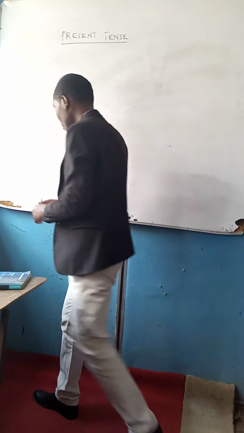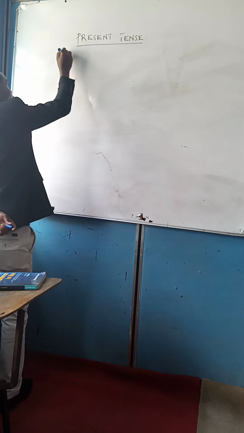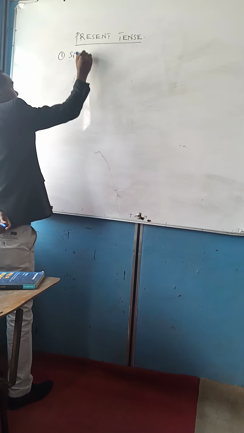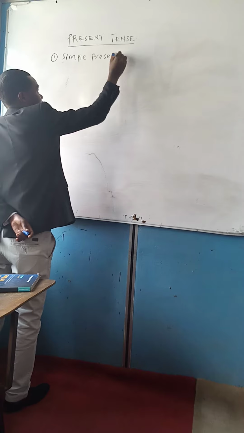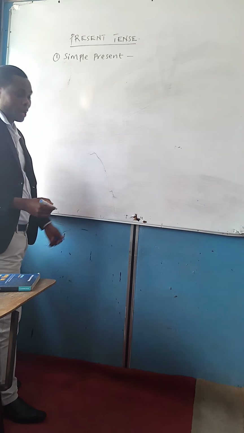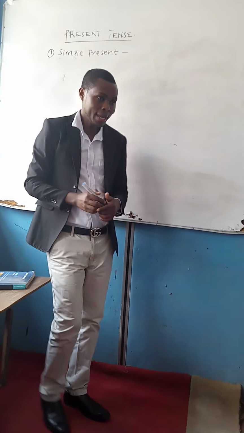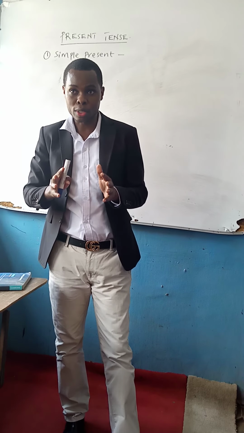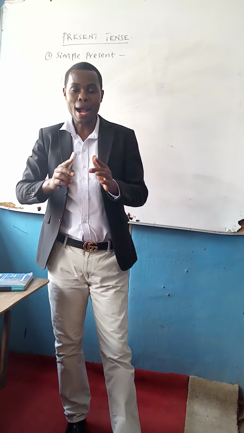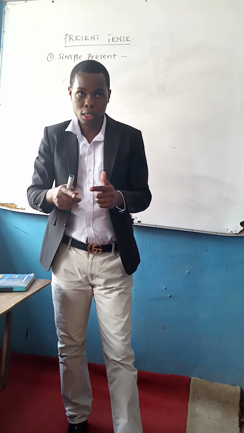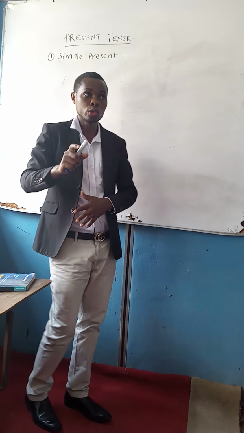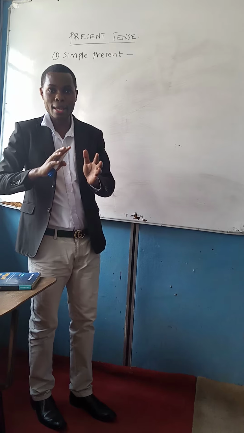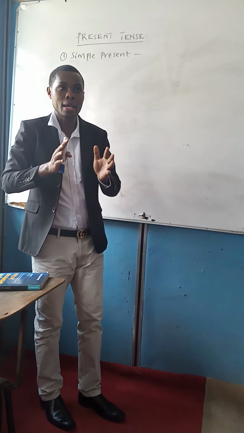The first form of the present tense is called the simple present. This is where we use this tense to say that an action happens. The main verbs used in this tense will take either S or ES.